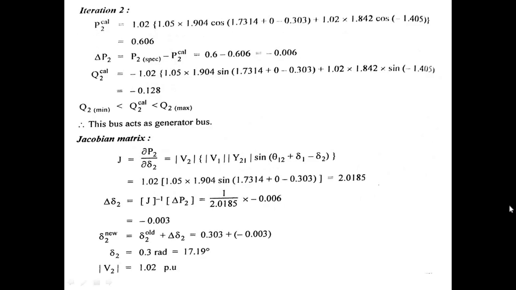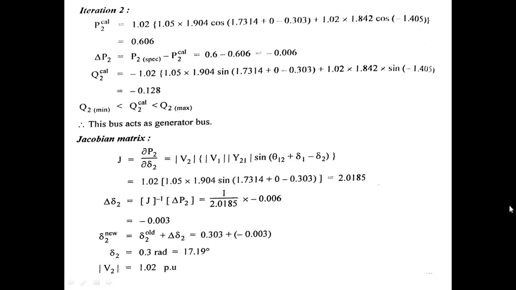Iteration 2, P2 calculation: 1.02 into 1.05 into 1.904 cos 1.7314 plus 0 minus 0.303 plus 1.02 into 1.842 cos.